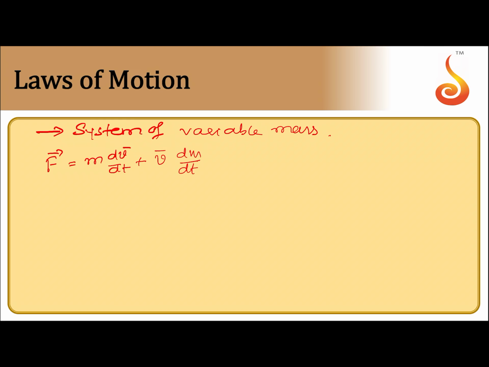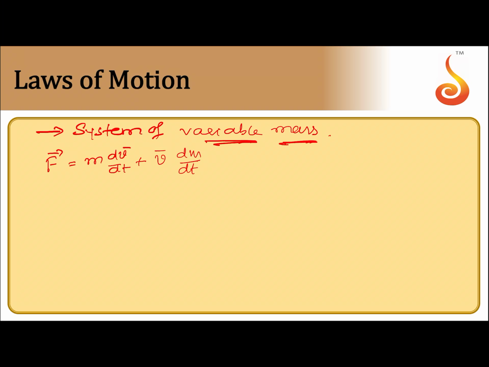In such cases where the mass itself is changing with respect to time, for example, a water tanker which leaks out water, or a conveyor belt on which the mass is placed continuously, or the case of a rocket propulsion where the exhaust gases are thrown out continuously.